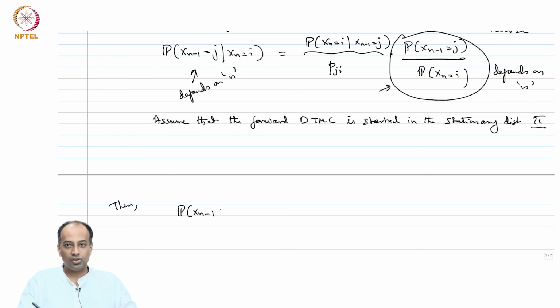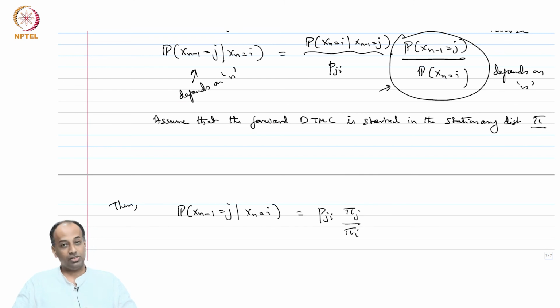So all this is assuming that there is a stationary distribution for the forward Markov chain and I am starting at the stationary distribution. Then I can write P(X_n = i) as simply p_ji times pi_j over pi_i. Okay. Now, this is not a function of n, alright.